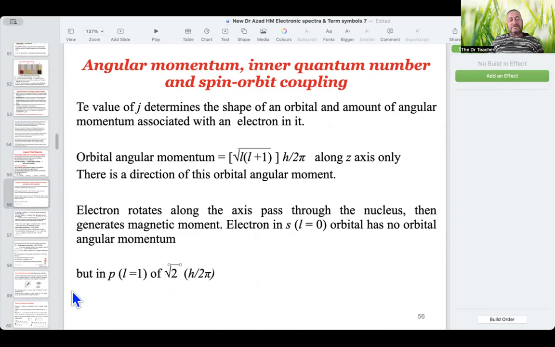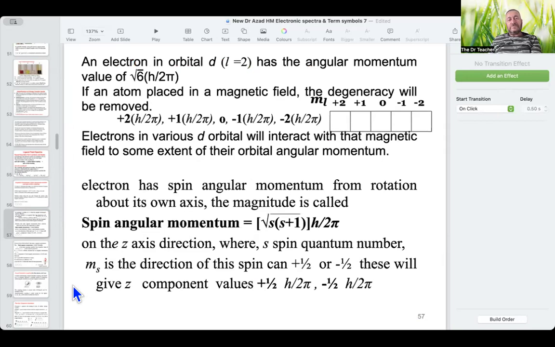That's for the P. And for the D orbital, you will end up with under square root 6. And here you have 5 degenerate suborbitals.